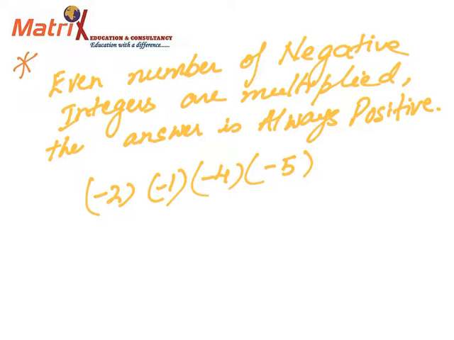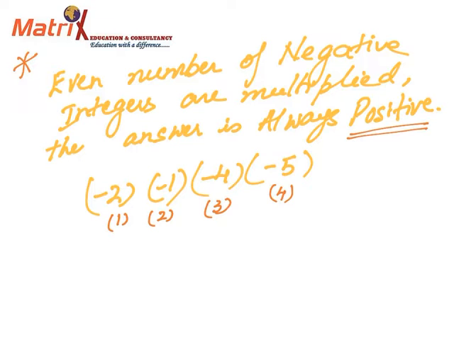Negative 2 is even, negative 4 is even, but I am not talking about the digits, I am talking about the total numbers. How many numbers am I multiplying? 1, 2, 3 and 4. And 4 is an even number. 2, 4, 6, 8, we all know these are even numbers. So whenever an even number of negative integers are multiplied, the answer is always positive.